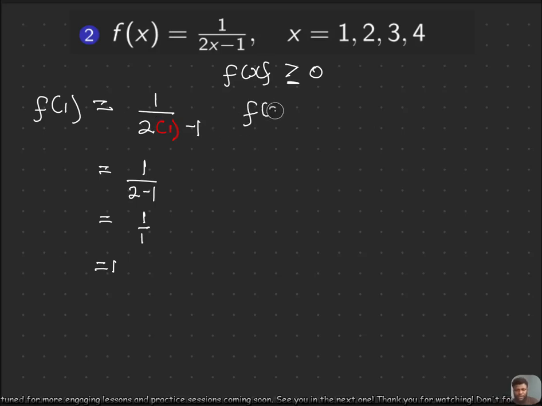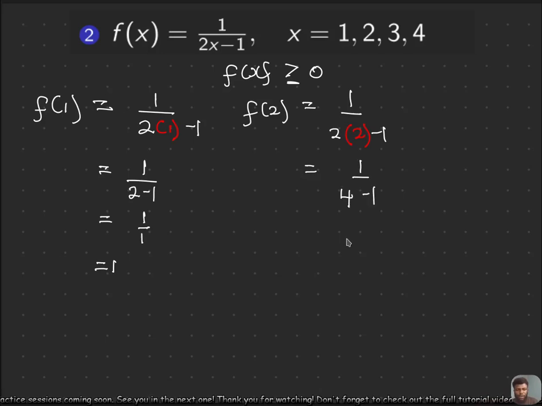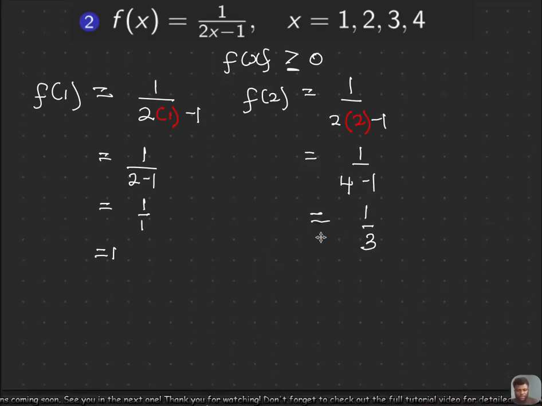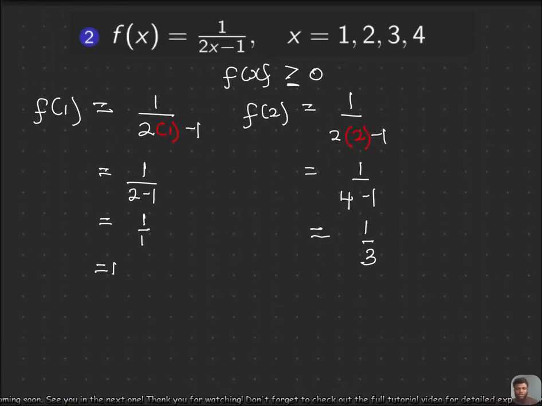So we have f of 2. That is 1 all over 2 into bracket 2, then minus 1. Evaluating, we have 1 over 4 minus 1, and that gives us 1 over 3. The second value has also passed.